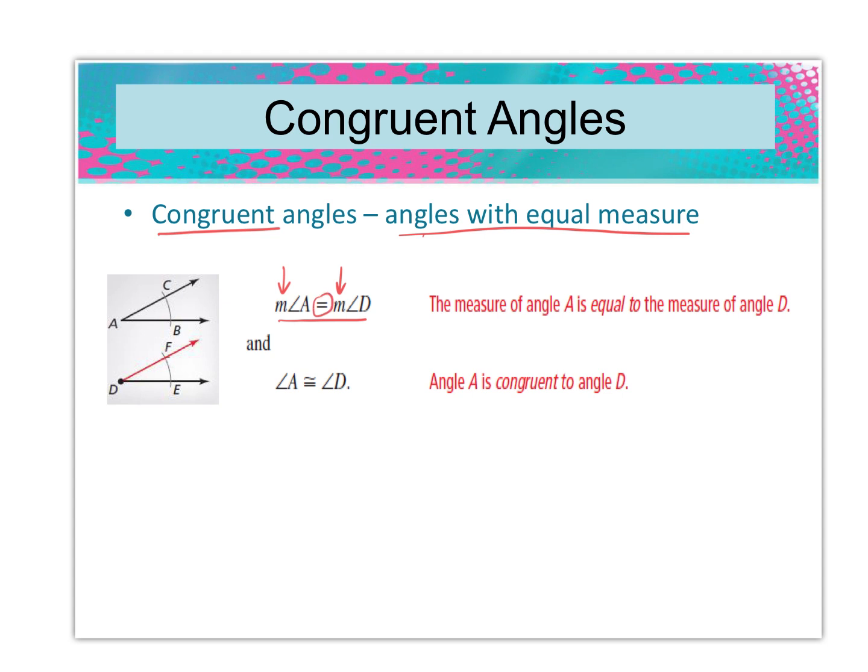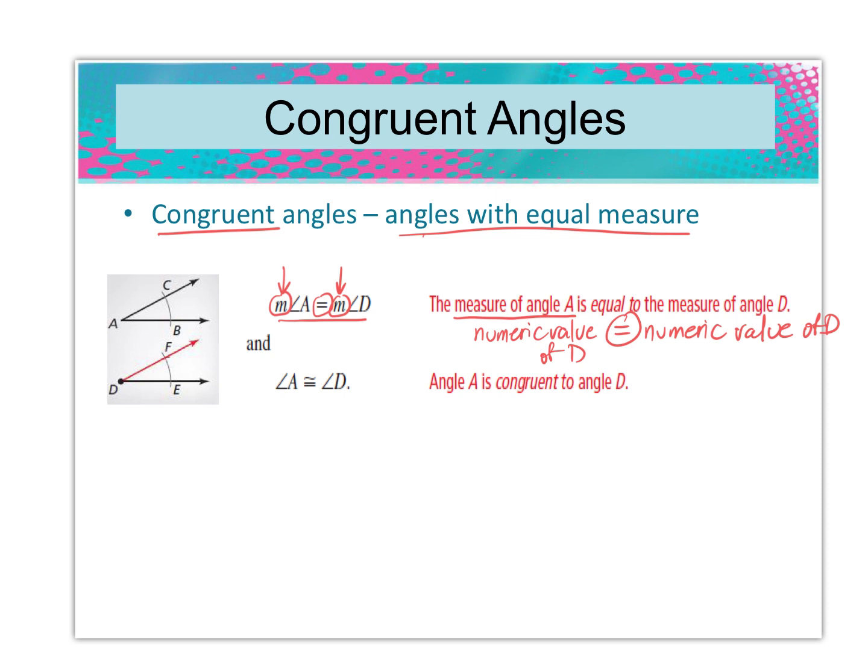What this is saying is the measure of angle A, the numeric value of angle A, is equal to the numeric value of angle D. So we use the equal sign and we use the letters M. We're talking about the specific measure of the degree. This is where we're saying like 35 degrees equals 35 degrees. Okay, so we're talking about the number.